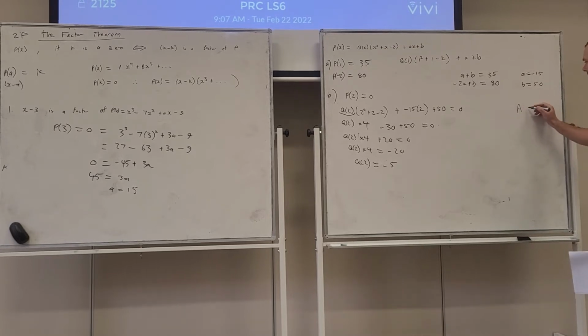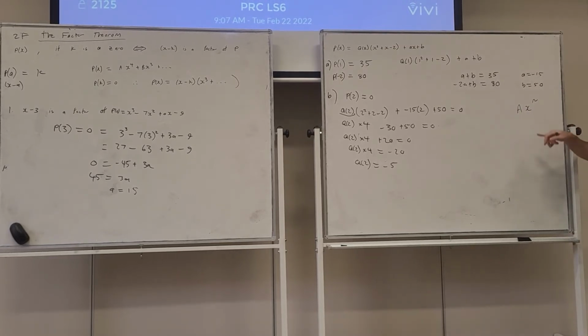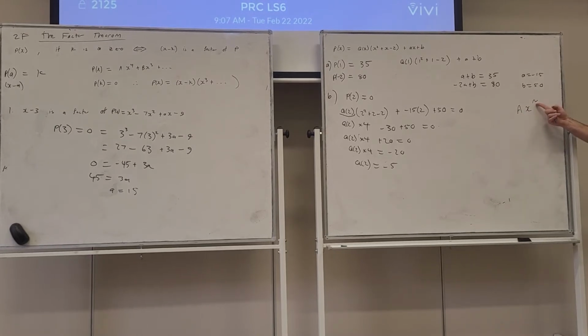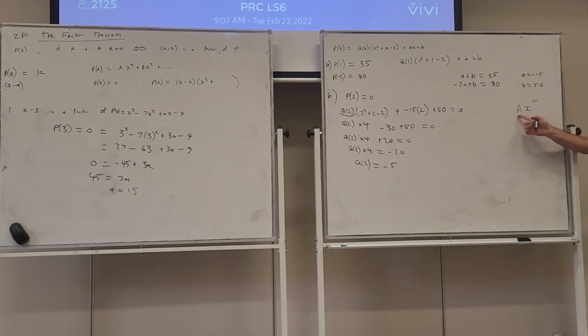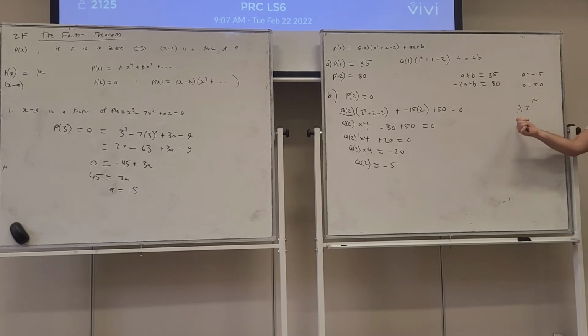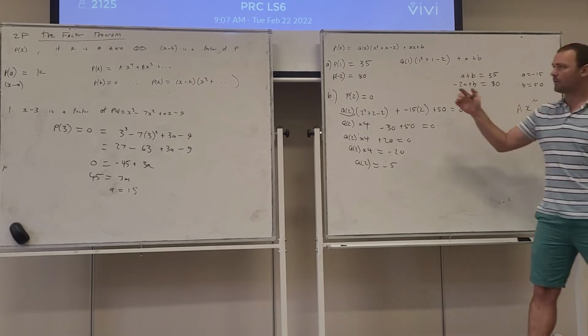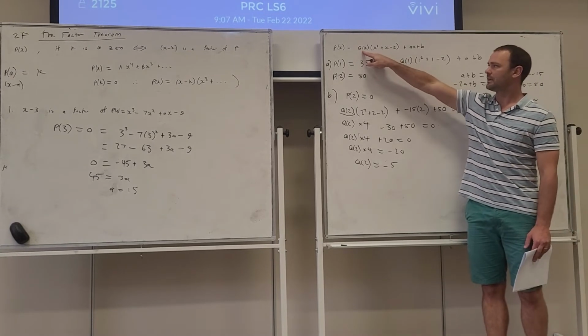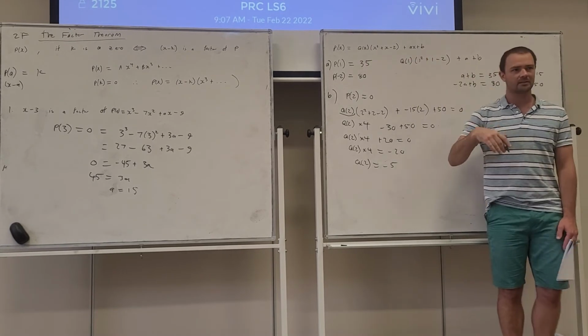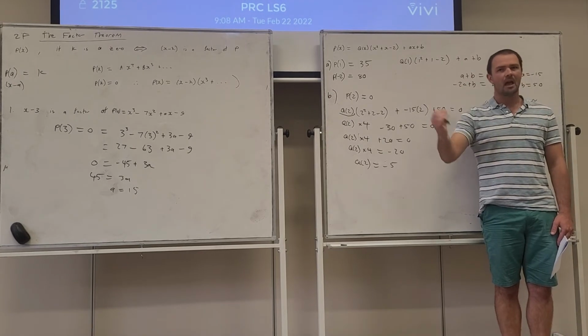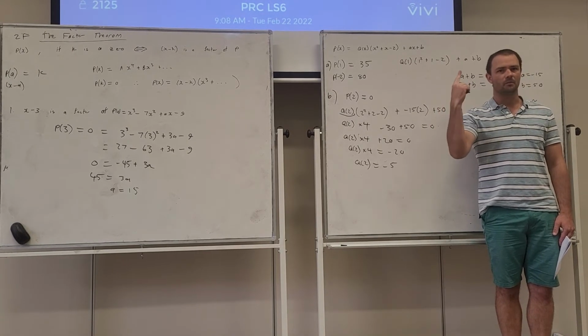Alright, so if I have ax to the power of n, this is the coefficient, it's the number in front of the variable. This is the degree. That's what we mean when we refer to the degree, it's the power. Now we're told the leading coefficient is 1. The leading means the coefficient to the variable with the highest power. Okay? So we know it's a cubic, so we know when we expand this out, the highest degree is going to be x to the power of 3, and we know that the number in front of it is 1.